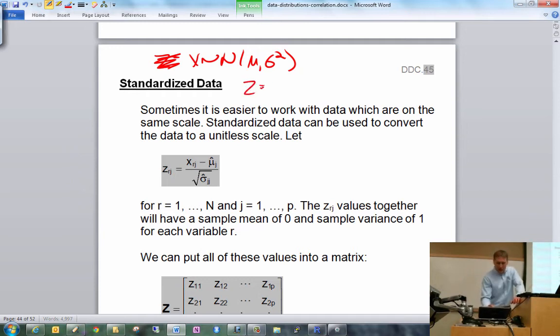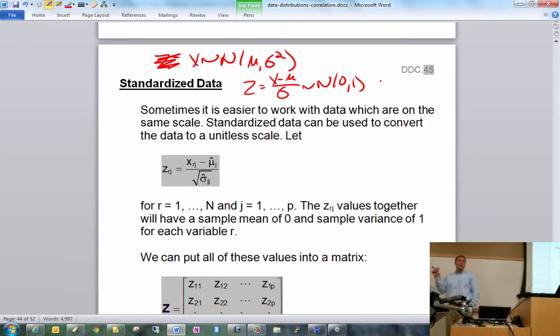Well, you do this nice little transformation here. X minus mu divided by sigma is distributed normal 0, 1. So essentially by subtracting off the mean, you're basically centering your random variable. Now it's centered at 0 versus mu. Divide by sigma, now you get a standard deviation of 1. Okay? So that's in the context of a normal distribution.